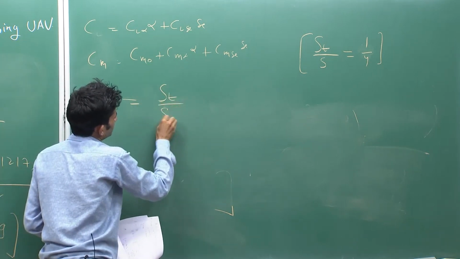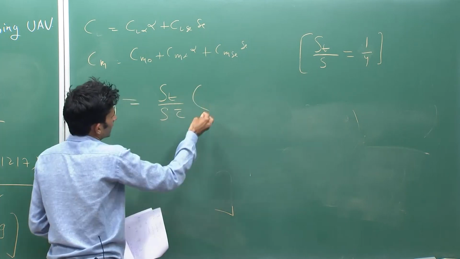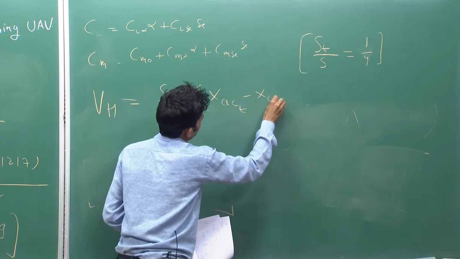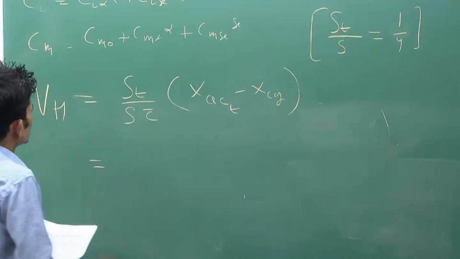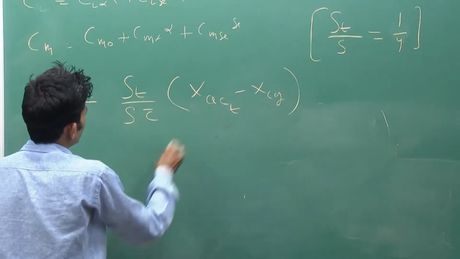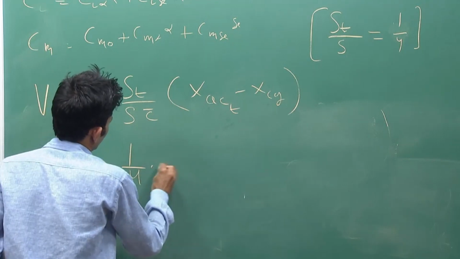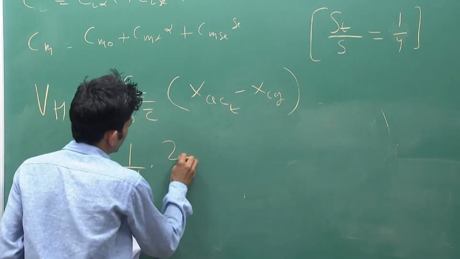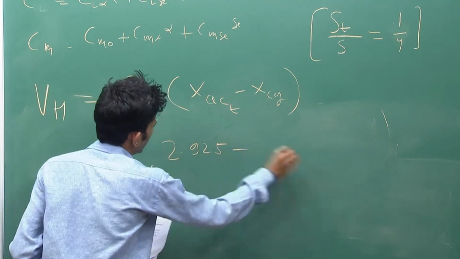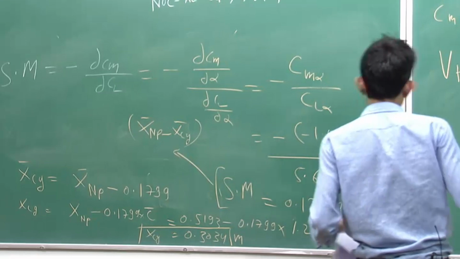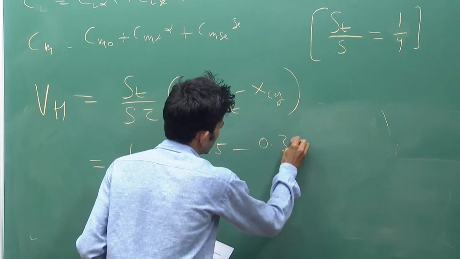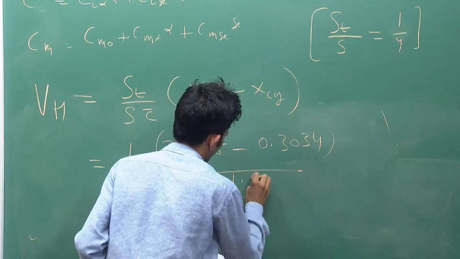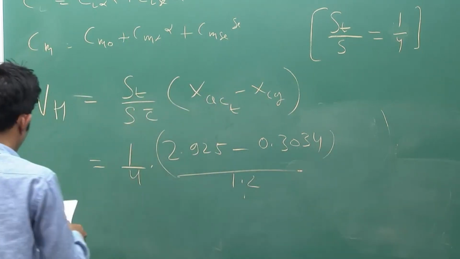ST by S, C bar and the tail arm, which is nothing but XAC of tail minus XCG. So, ST by S is given as 1 by 4, and XAC of the tail is 2.925, right, and XCG is 0.3034, divided by 1.2 C bar.